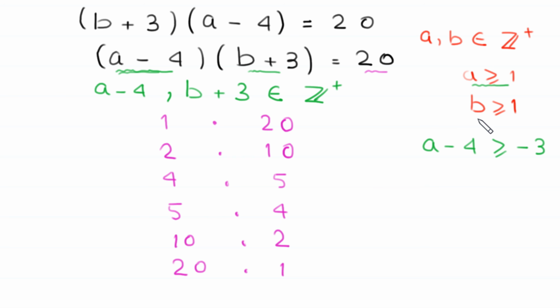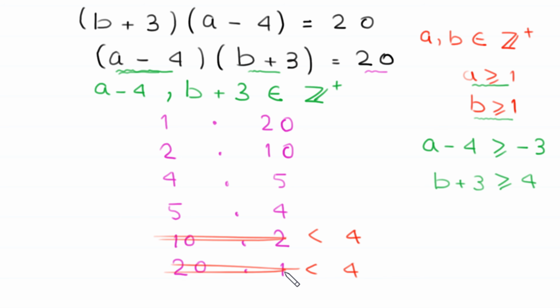And because b must be greater than or equal to 1, this expression b plus 3 must be greater than or equal to 4. Since this 2 is less than 4, this will be rejected, and this 1 is also less than 4, this also will be rejected, and we are left with these 4 cases. This is case 1, this is case 2, this is case 3, and this is case 4.